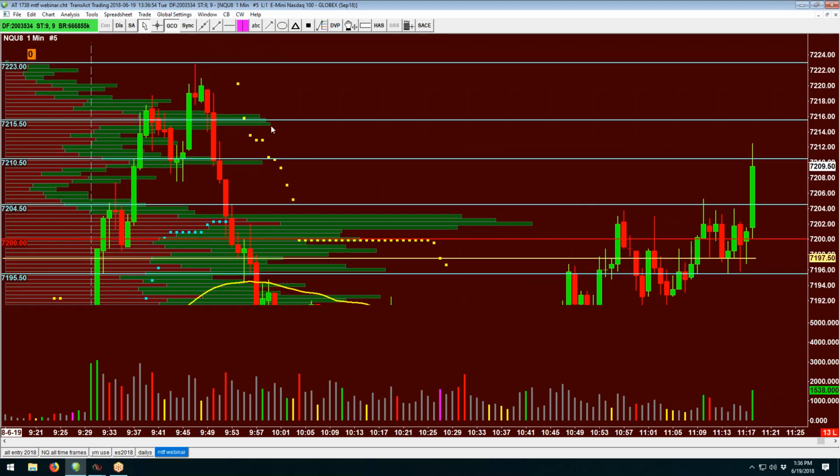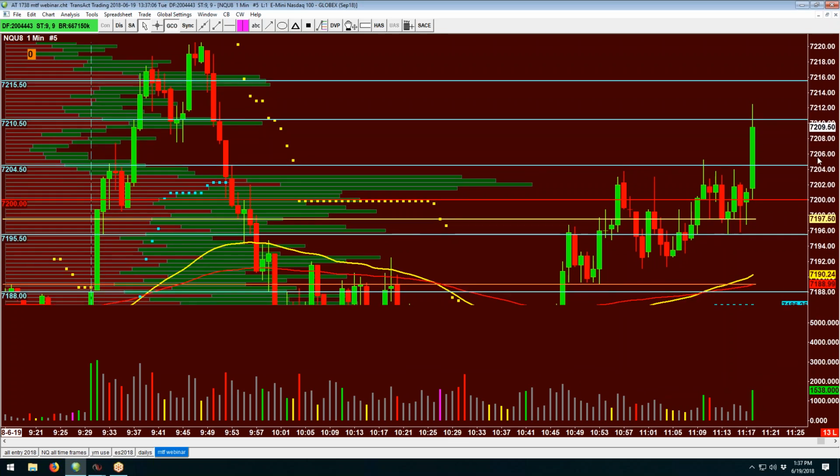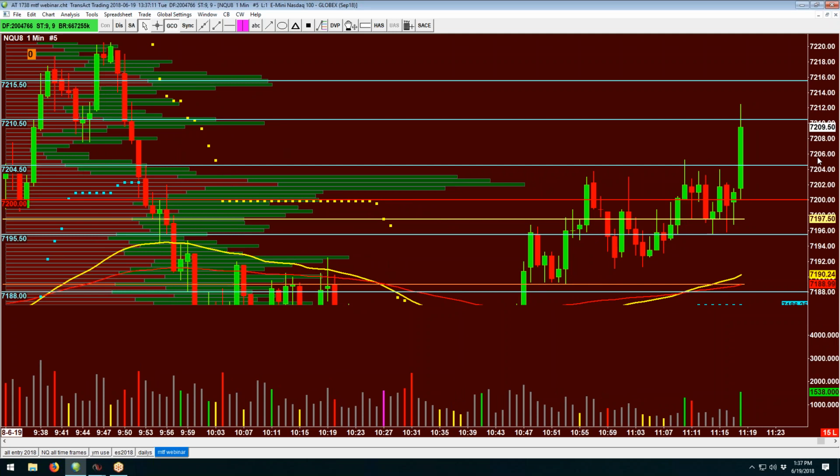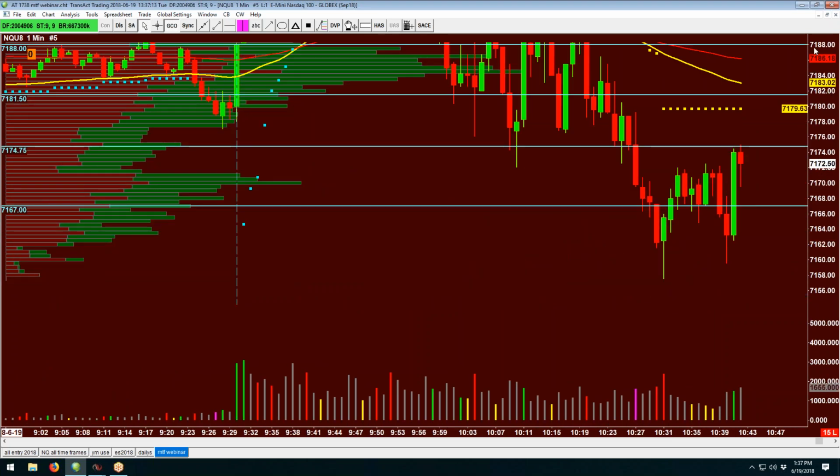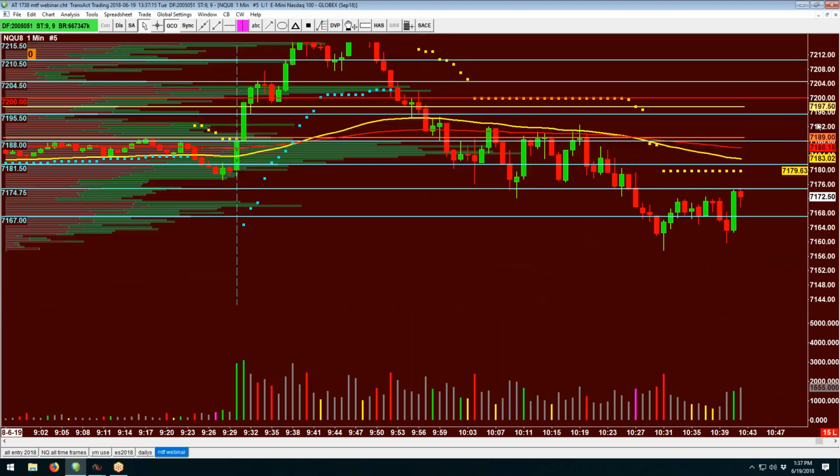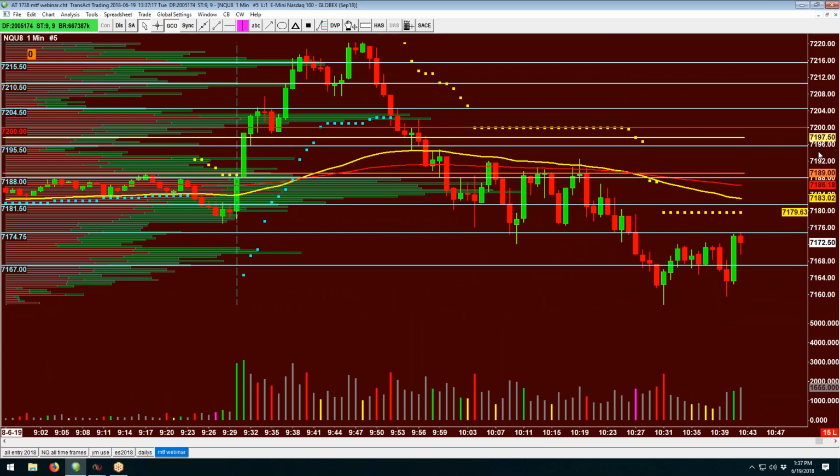What I generally look for, obviously we all have our setups that we like to trade, is this: if price isn't really going in a strong direction, then we're looking at reactions at support and resistance areas so we can take entries based on those areas holding as support and resistance.